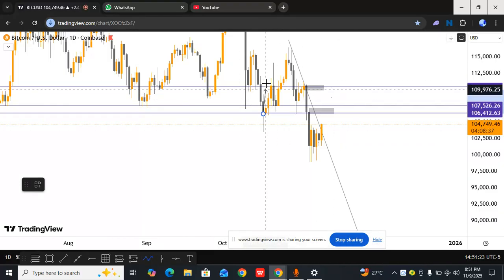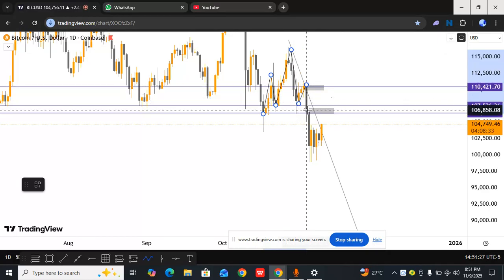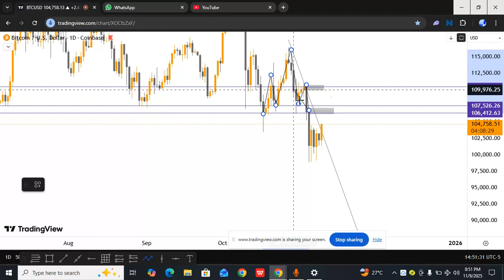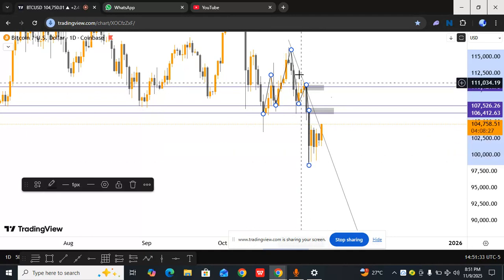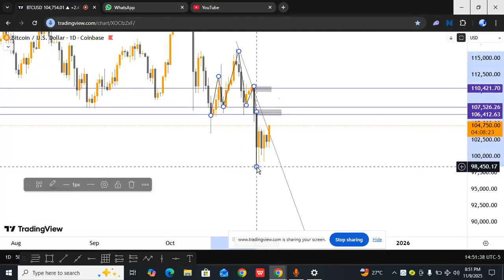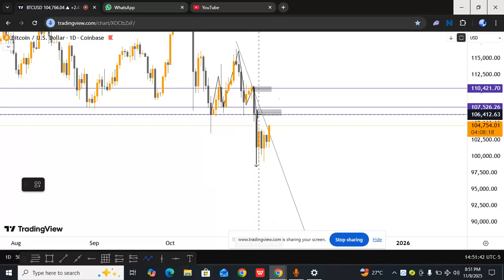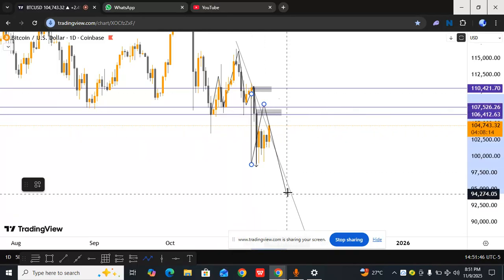As you can see here, we had this head and shoulder pattern, which was a bearish signal. That was actually one of the reasons why I told you that this level is not going to hold. And once it broke, it hit the target of the head and shoulder pattern. Now after price broke here, price is just trying to do a break and a retest, then it's going to continue downward.